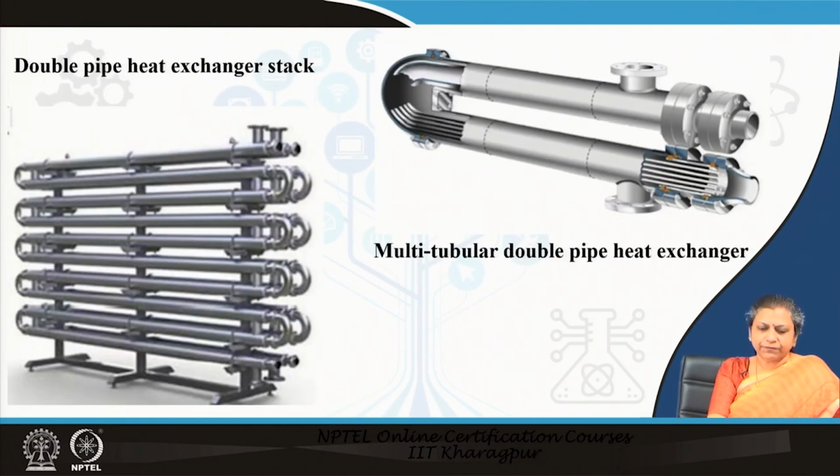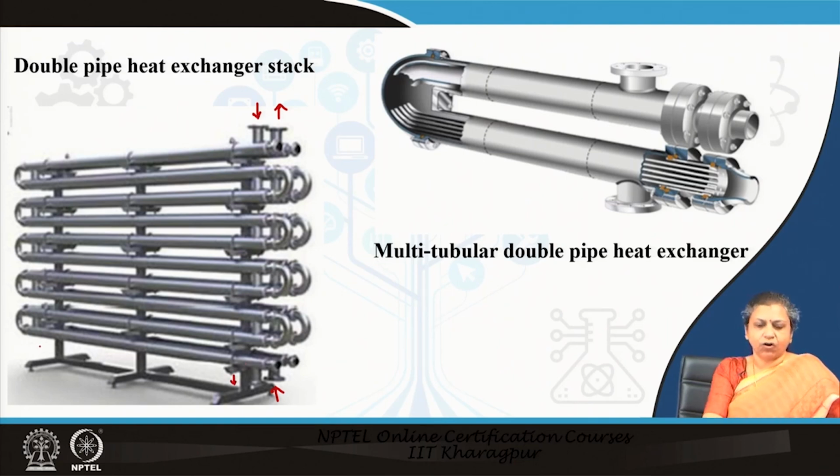Such hairpin arrangements can also be stacked one above the other. Through one particular section one fluid flows and comes out, and through another nozzle the other fluid flows and comes out, so that heat transfer can occur through the entire length.